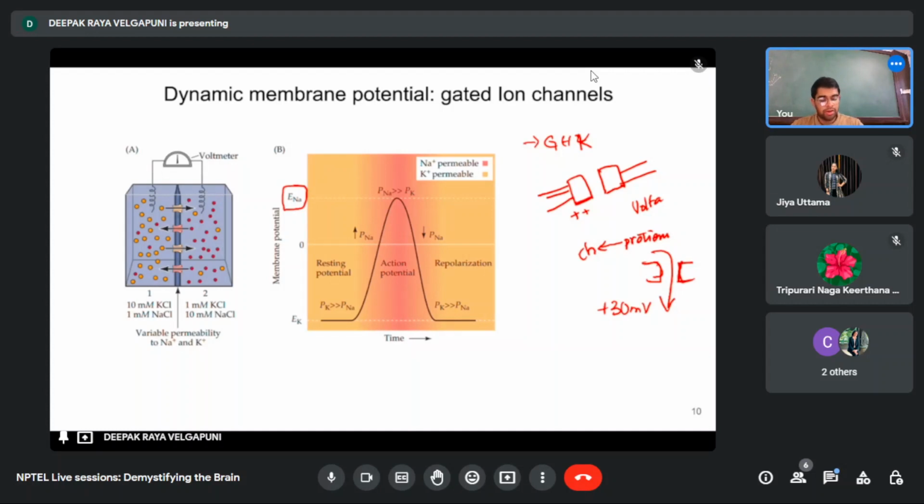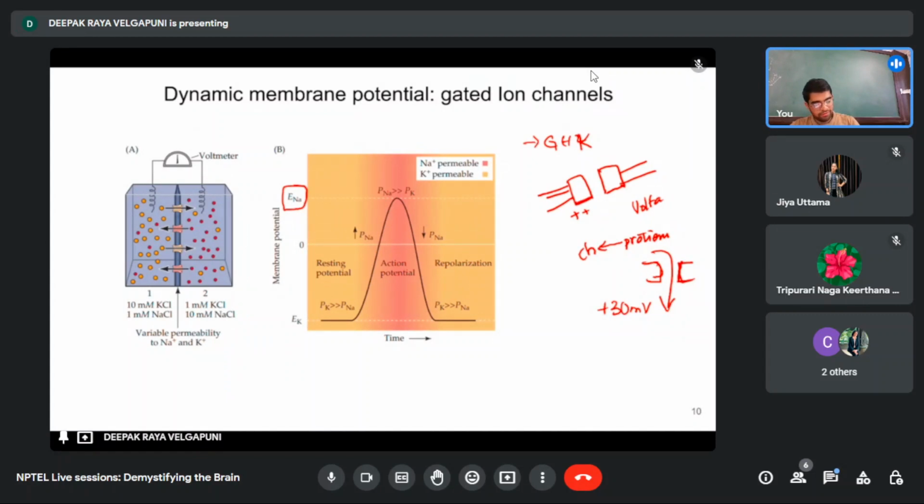So there is a depolarization state. Once the sodium ion channels open, there is a depolarization stage, the permeability of Na plus increases, and it reaches a peak. Once it reaches a peak, the K plus channels open and Na plus channels close, and the potential comes down, and later, through leakage channels and the sodium potassium pump, the resting membrane potential is maintained.